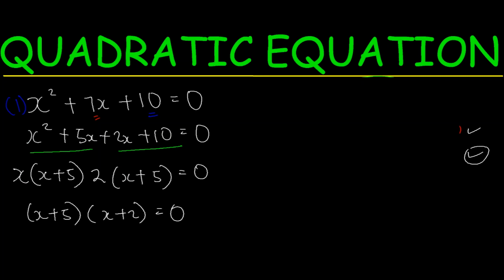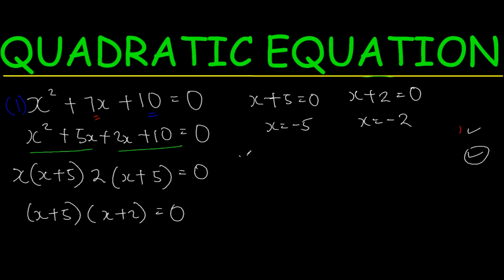So further simplifying our equation, we have x plus 5 is equal to 0 and x plus 2 is equal to 0. So for this equation, we have x is equal to minus 5, and for this equation, we have x is equal to minus 2.